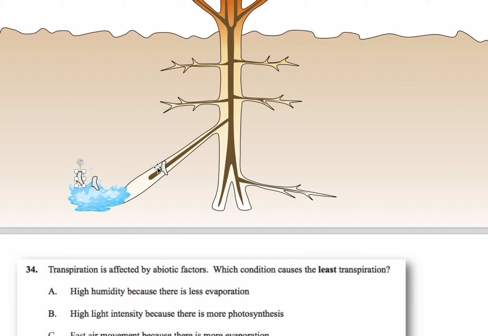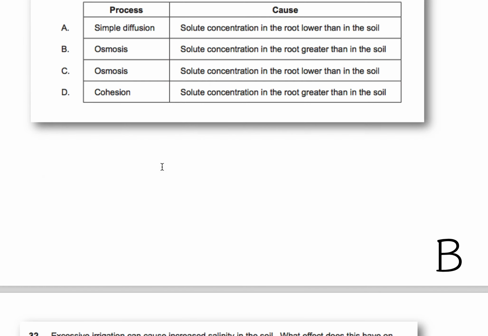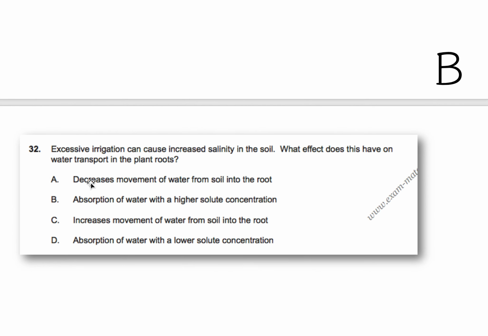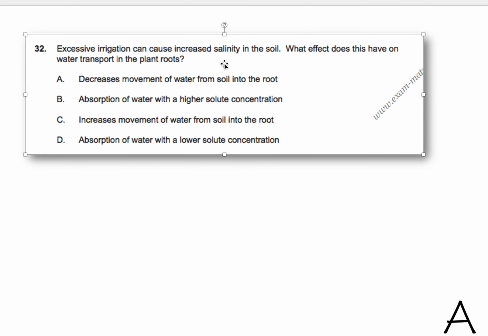It doesn't want to move inside the root because the concentration of the solute is not that high there, so it doesn't really want to move by osmosis, okay? So it will decrease the movement of water from the soil to the root. Yeah, that sounds right. So again, I think this is actually quite a tricky question. A lot of keywords you maybe haven't heard of. So it is a tricky question, this one for sure.